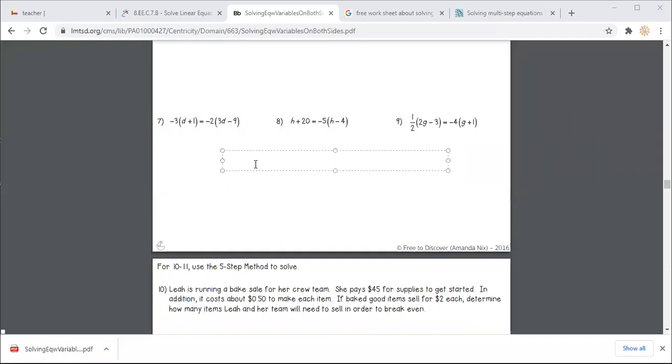Okay, now it's your turn. It's self-assessment. Please answer question number 9, and I'm waiting for the first 3. They will be the top 3 today. Question number 9, which is half of 2g minus 3 equal negative 4g plus 1.